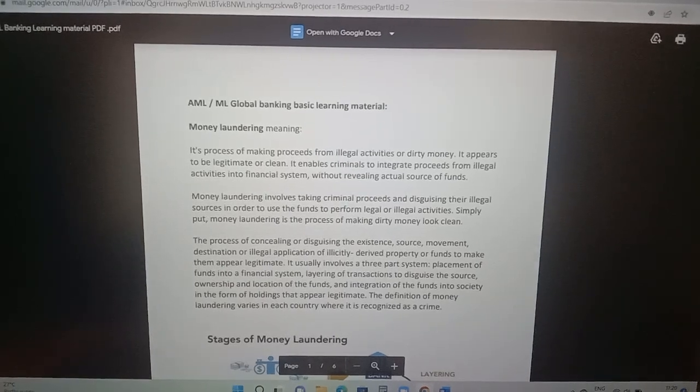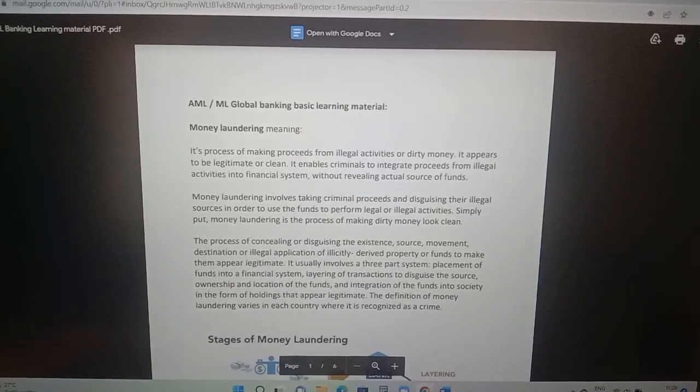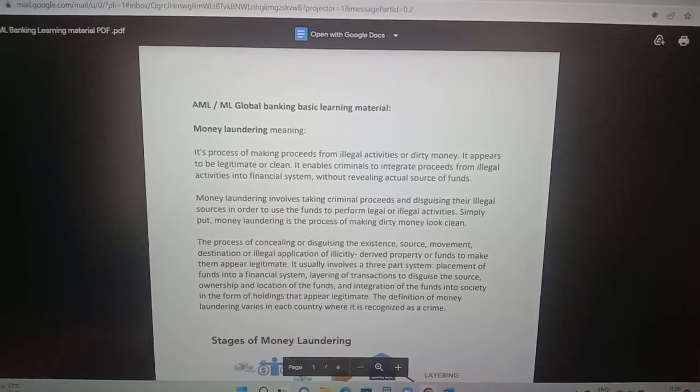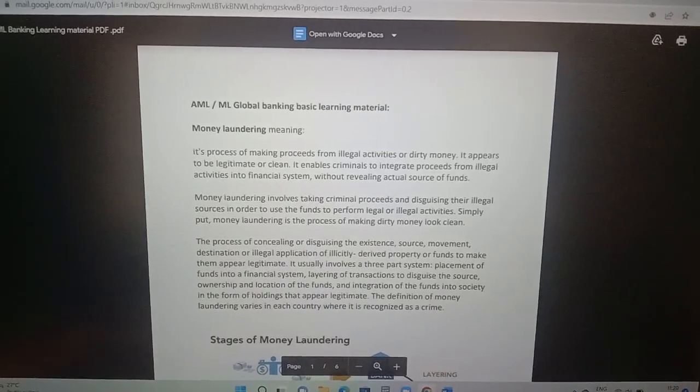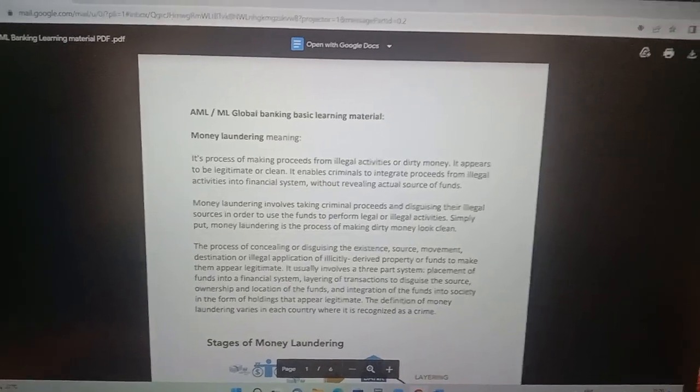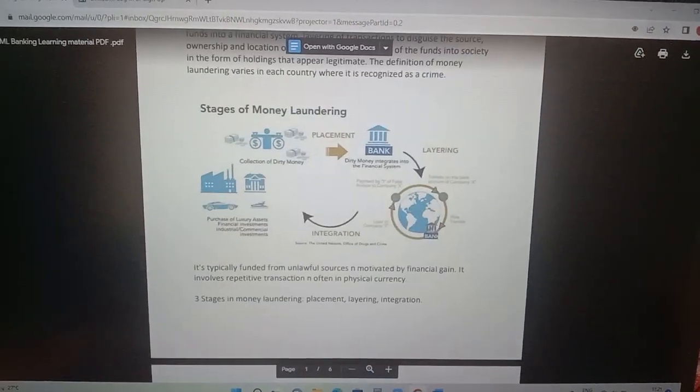Money laundering involves taking criminal proceeds, and it is a process of making dirty money look clean.